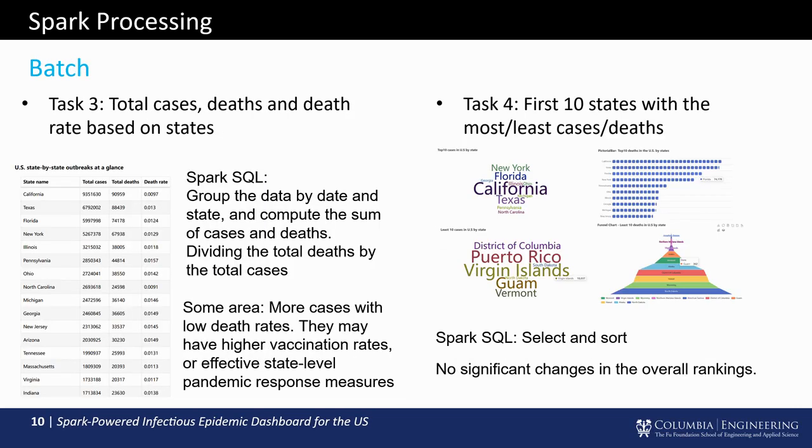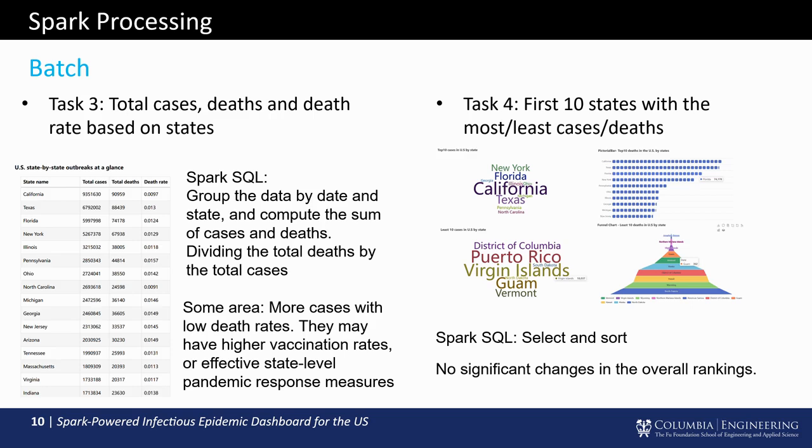which indicate policy changes, new variants, or seasonal impacts. For the batch part, we use Spark SQL. We group the data by date and state, and compute the sum of cases and deaths. We divide total deaths by total cases. Some areas have more cases with low death rates; they may have higher vaccination rates or effective state-level pandemic response measures.